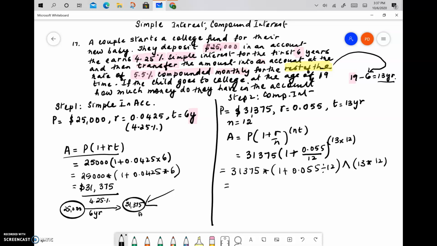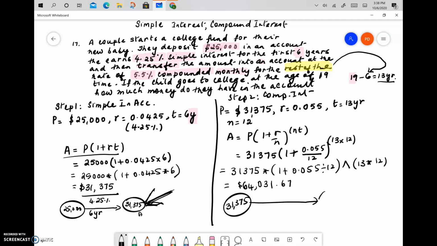Enter it into your calculator to get $64,031.67. So in the second account, we start with 31,375, which was the ending amount in the last step.